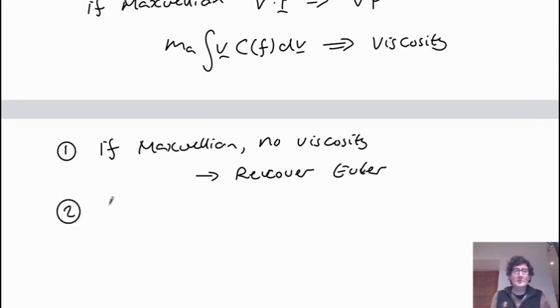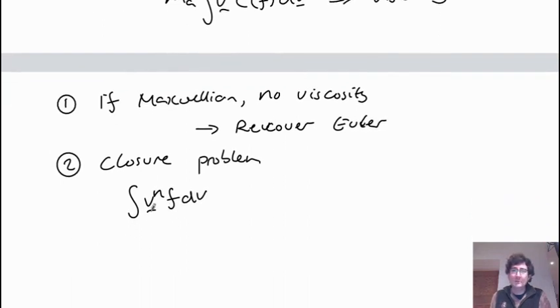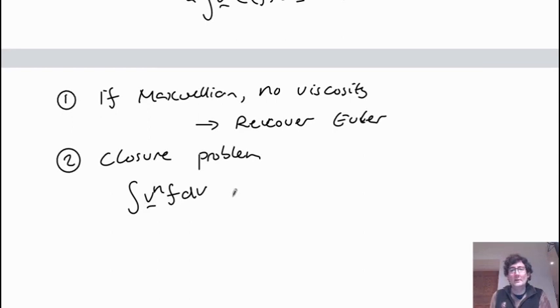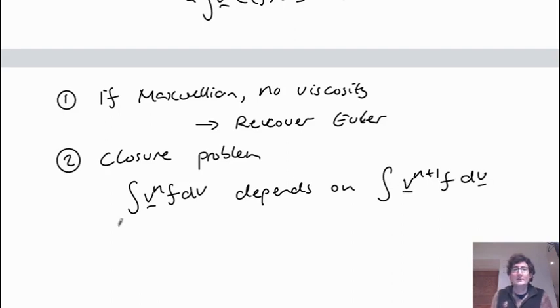So we have the closure problem. We're taking moments of the distribution functions, so we're taking moments, v^n f dv. So we're multiplying through by factors of the velocity, and this depends on the next. Every time you try and calculate how this evolves in time, you end up with an equation involving the n+1th.